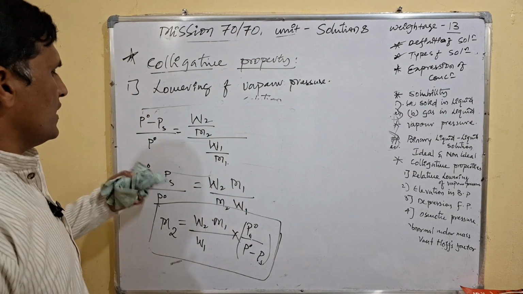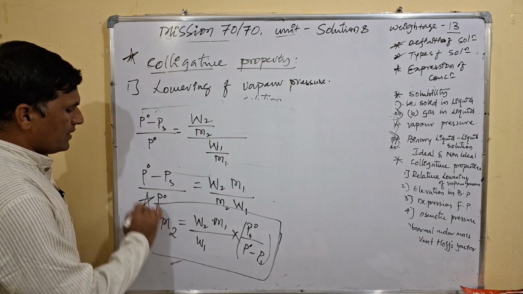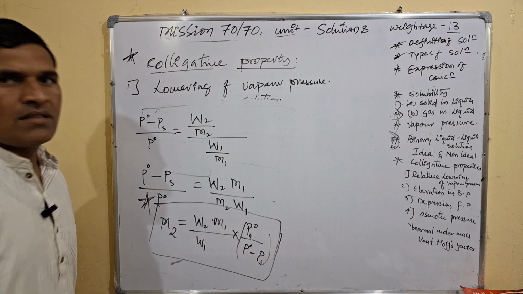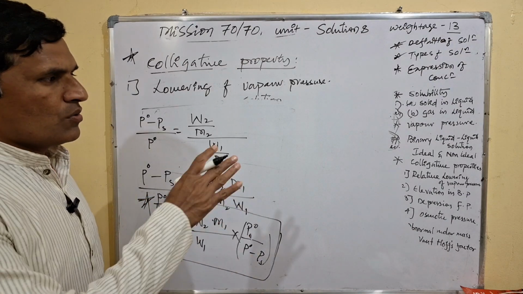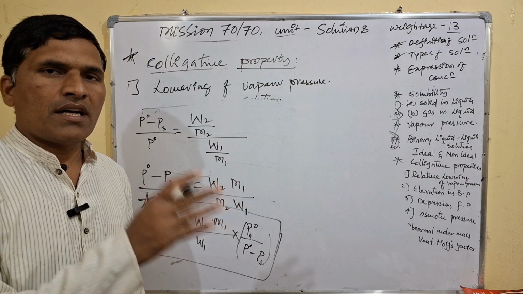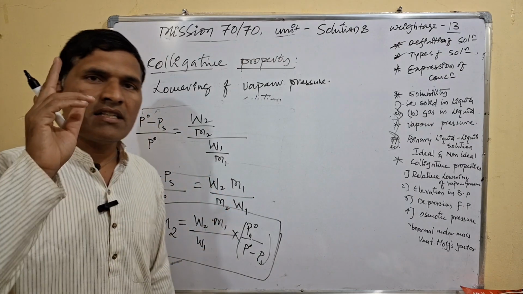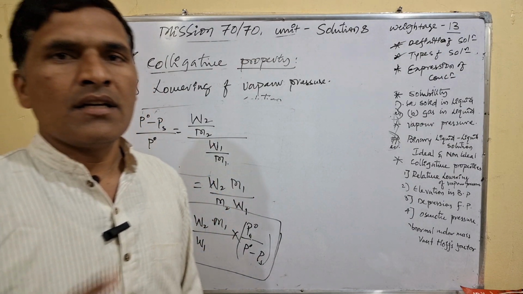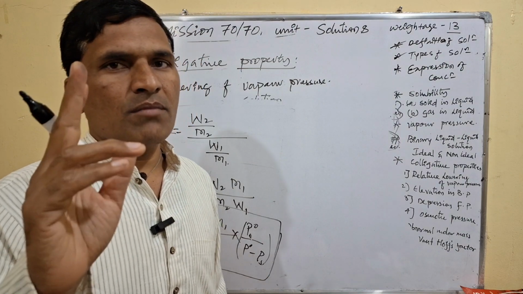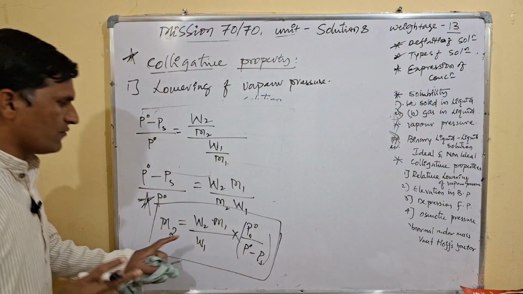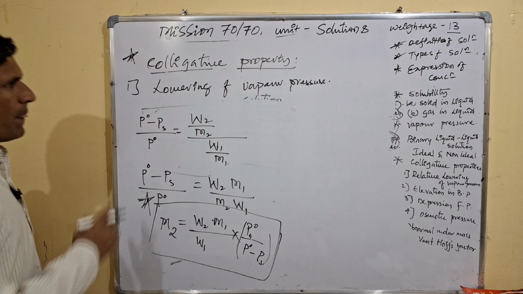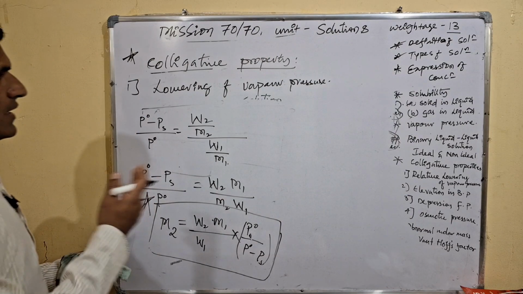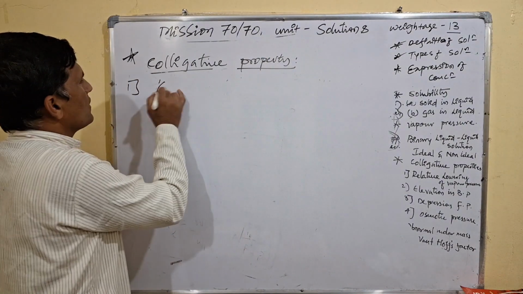This equation is very important because a question will appear on this for 3 marks. Totally we will have 4 formulas, and on those 4 formulas, at least one problem we will get in the examination for 3 marks. You should remember this. This is the first formula in colligative properties, and second we will see that one.